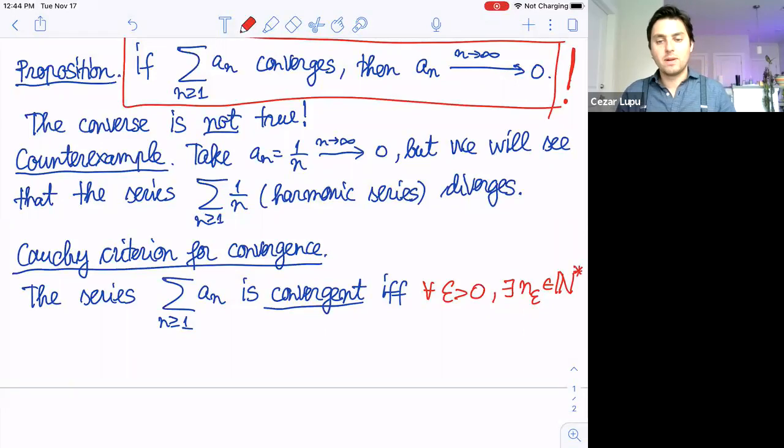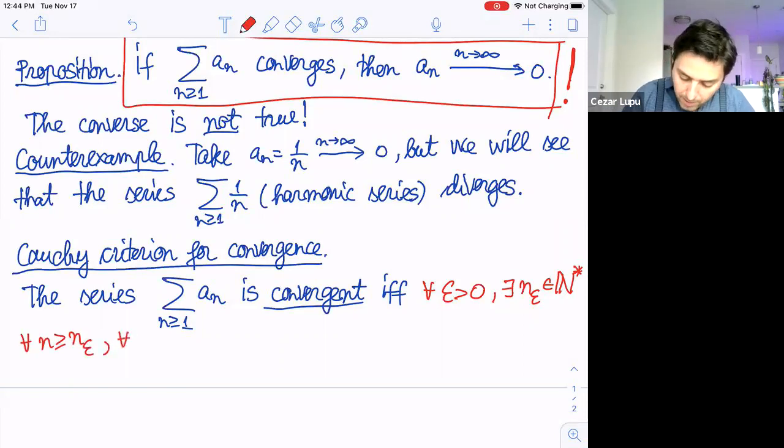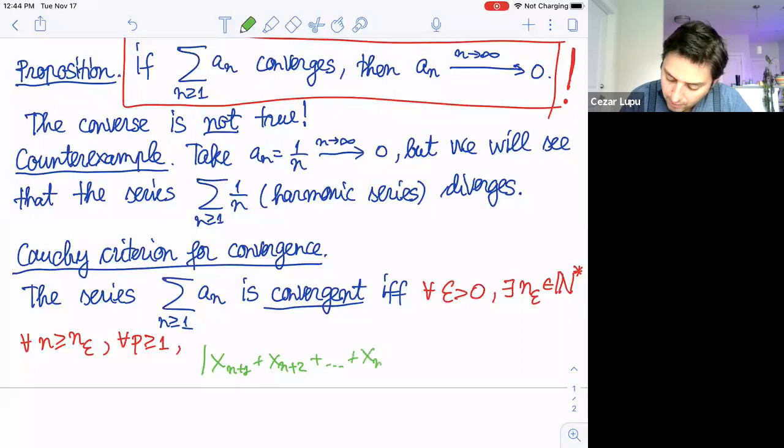When I write N star, I mean n going from 1, n greater or equal than 1, such that for all n greater or equal than that rank n epsilon, and for all p greater or equal than 1, we have that the absolute value, I'm going to write it like this, and I will explain immediately what I mean by that, xn plus 1 plus xn plus 2 plus all the way to xn plus p, in absolute value, is strictly less than epsilon.